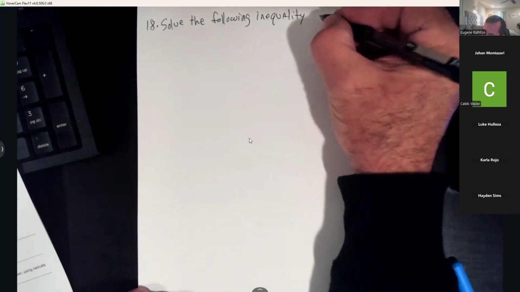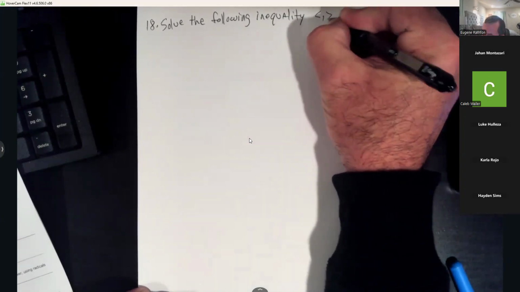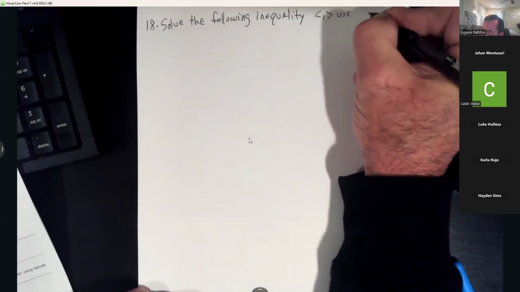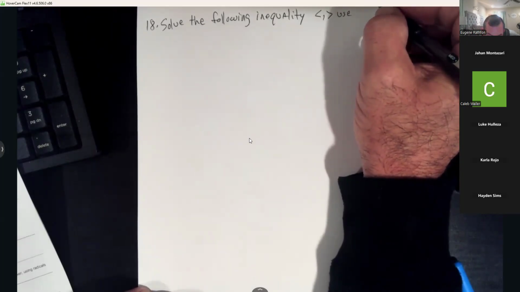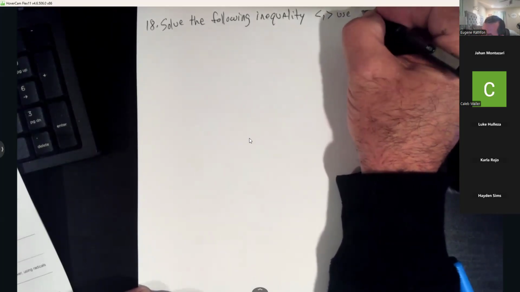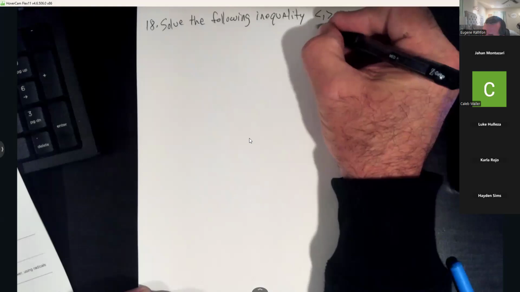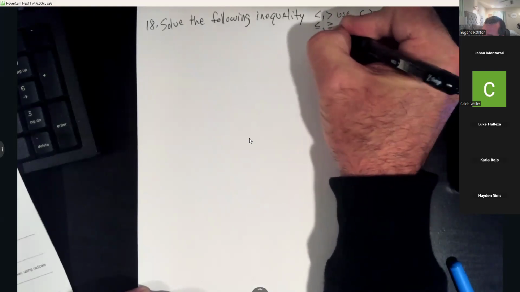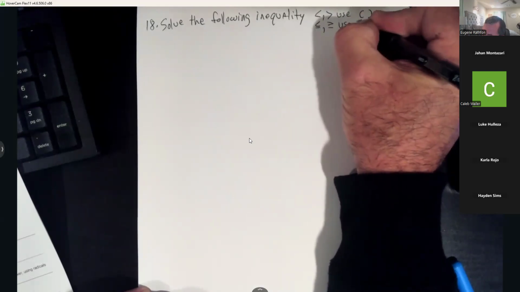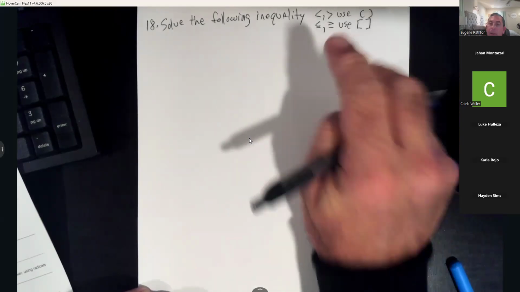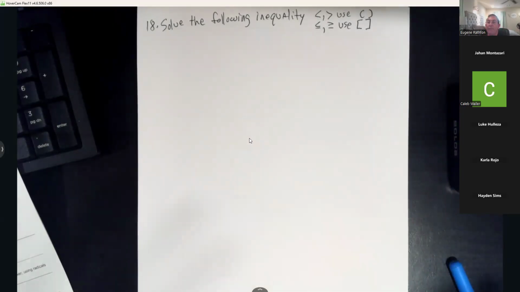All right. I will say this. If it does less than or greater than, when you do your interval notation, you'll use parentheses. If it's got equals under it, you're going to use brackets around the number. It's only around the number. The infinity always has parentheses, okay?